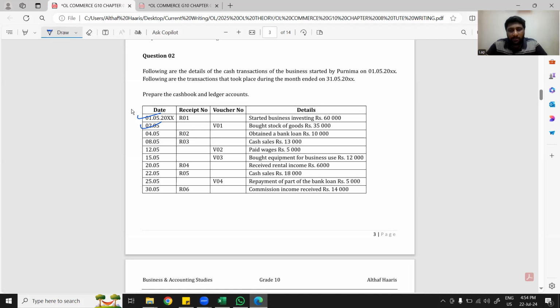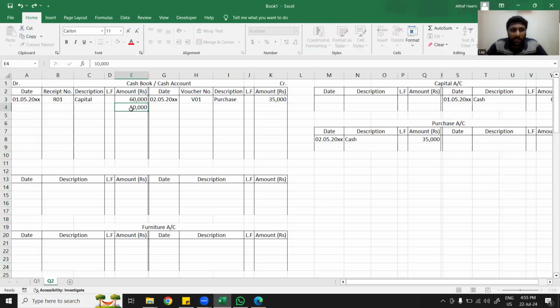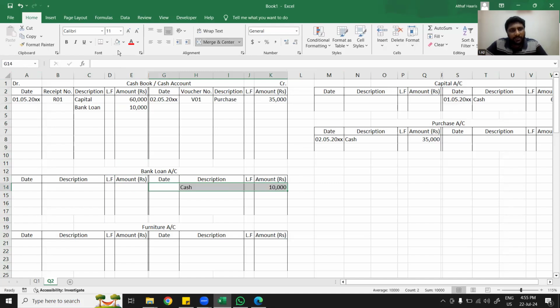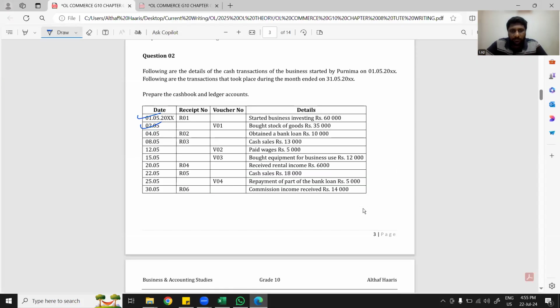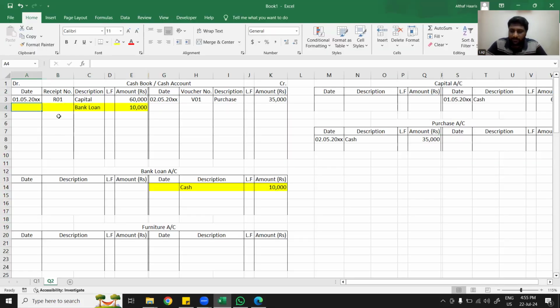How much? 10,000. Bank loan account 10,000. Here cash, switch the names. Here bank loan. What's the date? 4520XX.